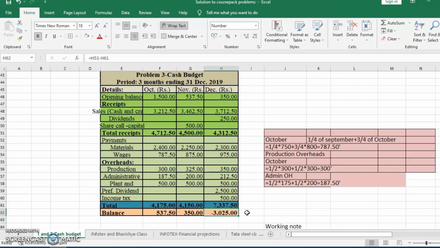Basically, what we understand is that when we give this information to the management, we are giving them a larger picture of the organization, especially with respect to working capital management.